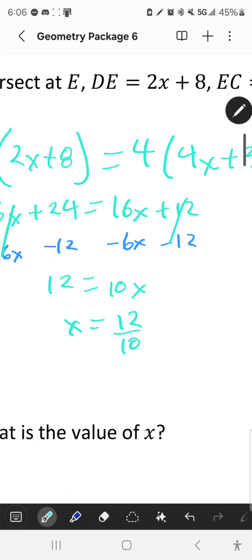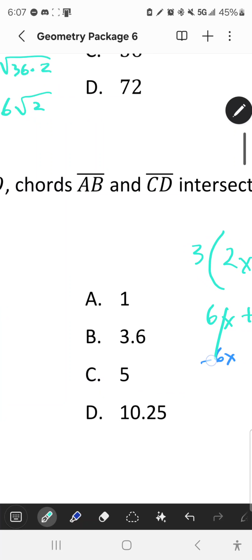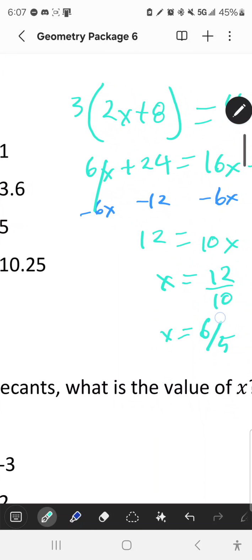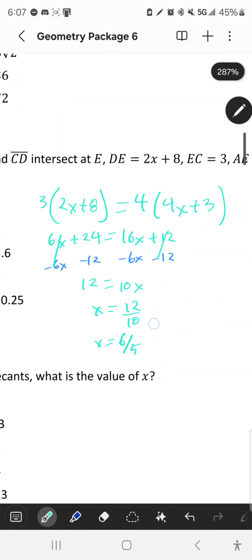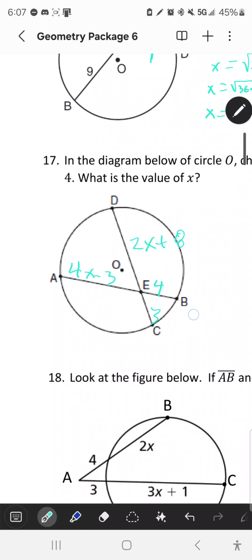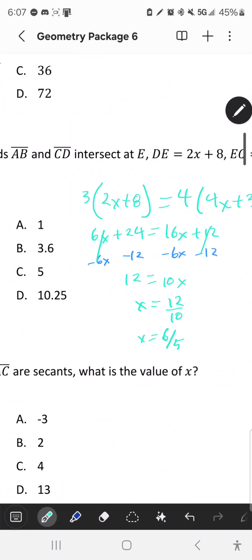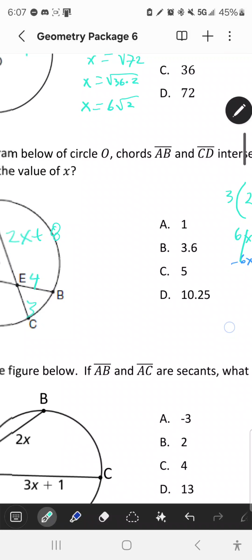And if I simplify that, x equals 6 over 5, since 12 divided by 2 is 6, 10 divided by 2 is 5. This is what they are asking for. Okay, I must have done something weird here.